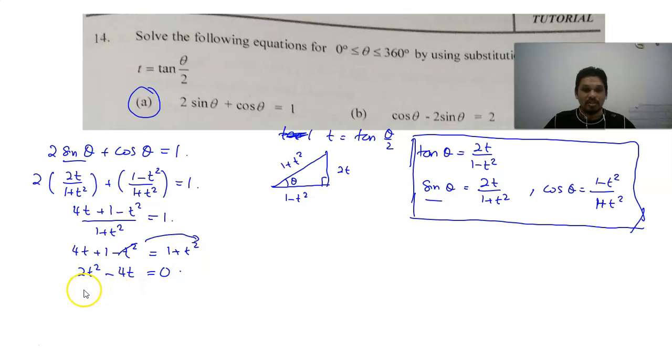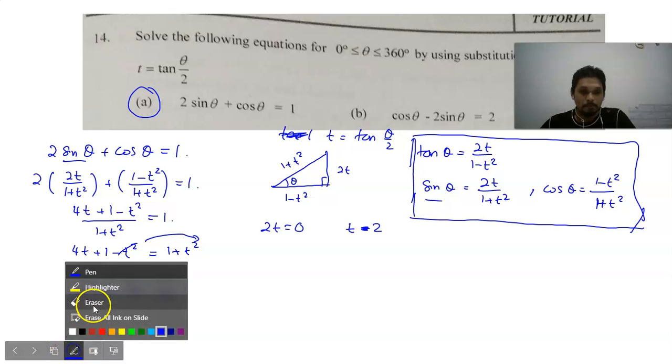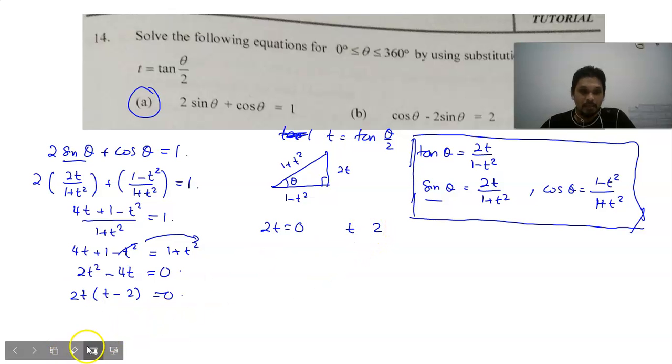Then factorize 2t. So 2t times t minus 2 equal to 0. So right now we got 2t equal to 0 and t minus 2 equal to 0, then t equal to 0 and t equal to 2.